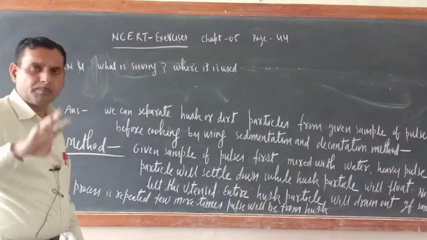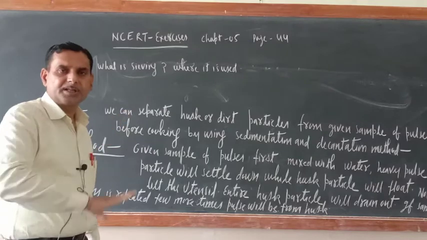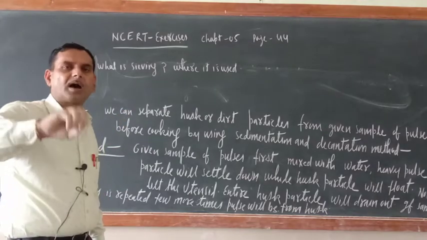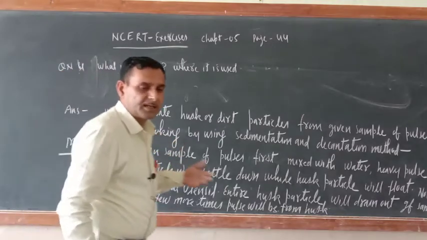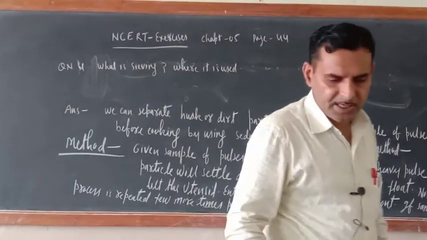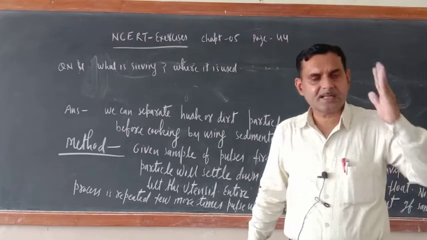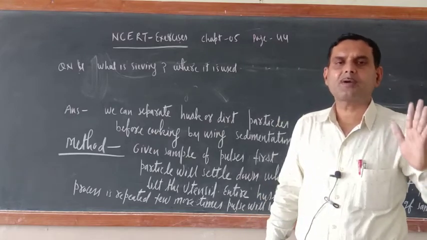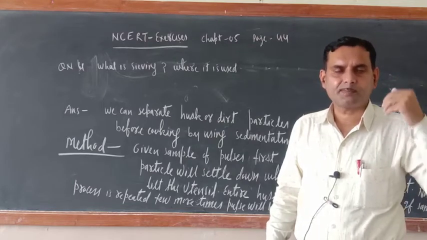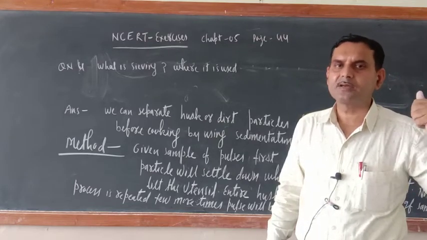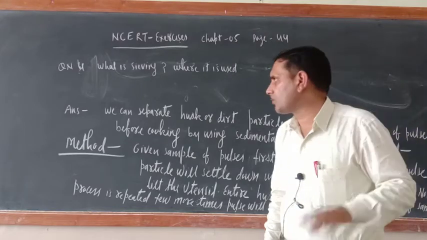If small particles are there in the mixture, they will pass through the small holes or pores, and bigger particles will remain in the sieve only. So sieving is the method of separation of components of a mixture in which fine particles pass through the small holes of the sieve, while bigger particles remain in the sieve only.